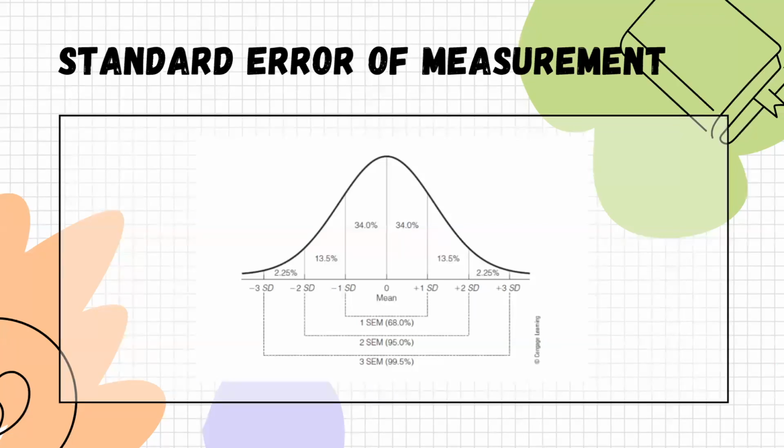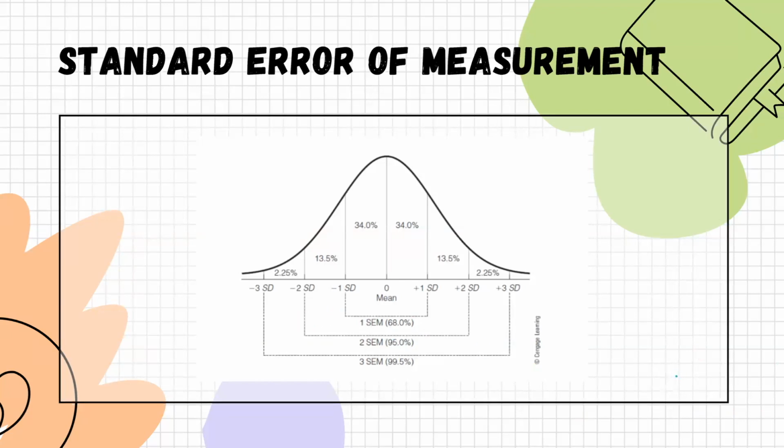So if the SEM is 1, it means that about 68% of the scores are expected to fall within 1 point above or below the mean. This is a general rule based on the normal distribution, where the majority of scores cluster around the mean, and their spread is described by standard deviations.